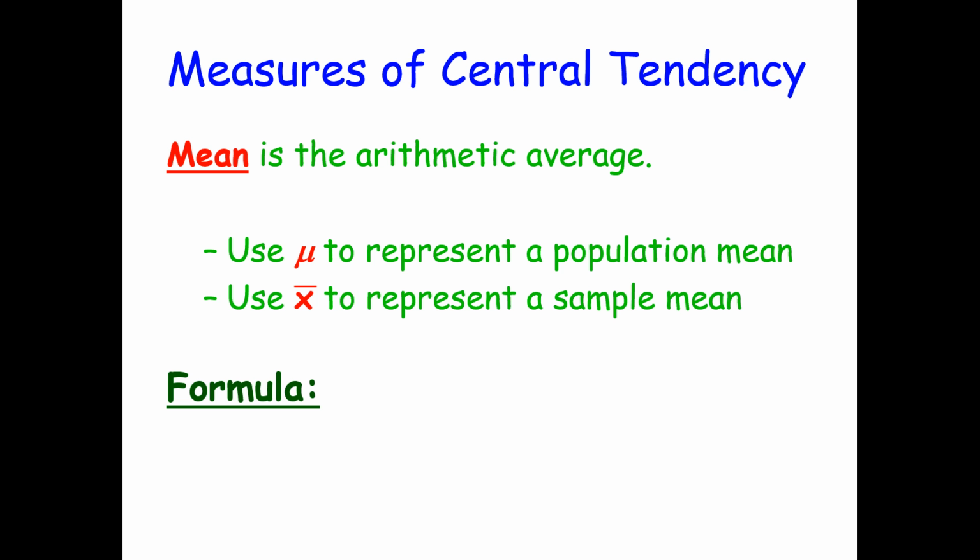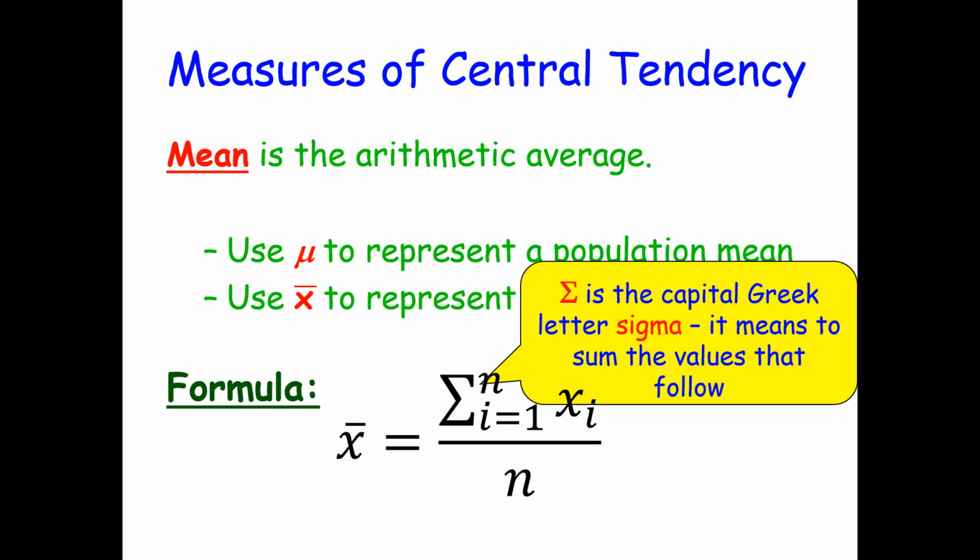The formula for calculating our x bar is the sum from i equals 1 to n of your x sub i, all divided by n. Sigma is the capital Greek letter sigma, and it means to sum the values that follow after that.